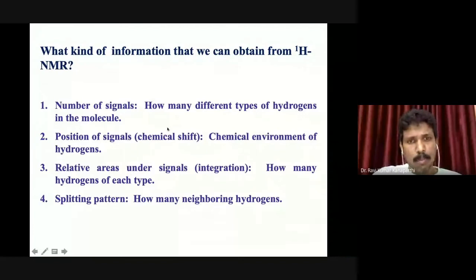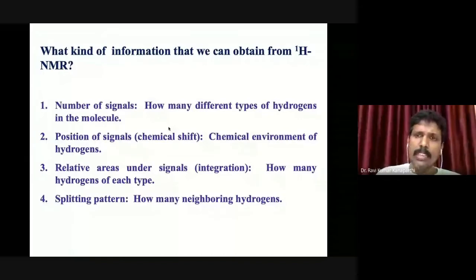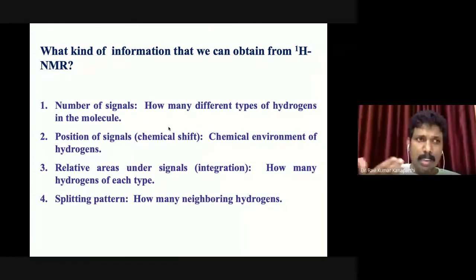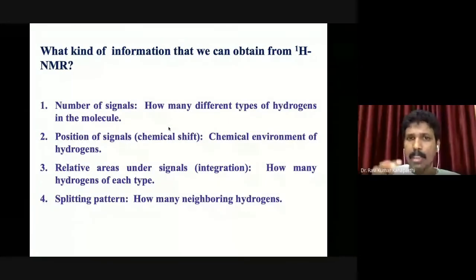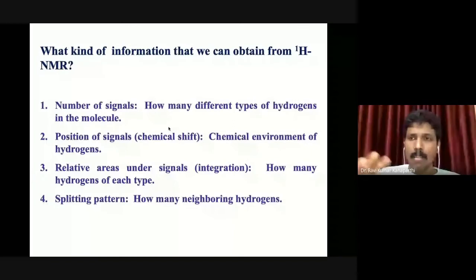these 4 points. One point is that there will be different signals. You can count those signals and say, if there are 5 signals, then from the number of signals, by counting the number of signals, we can tell the person who is asking you that, based on the number of NMR signals present in a spectrum, there are 5 different types of hydrogens, or types of carbon-13, or types of nitrogen, or boron, or fluorine.